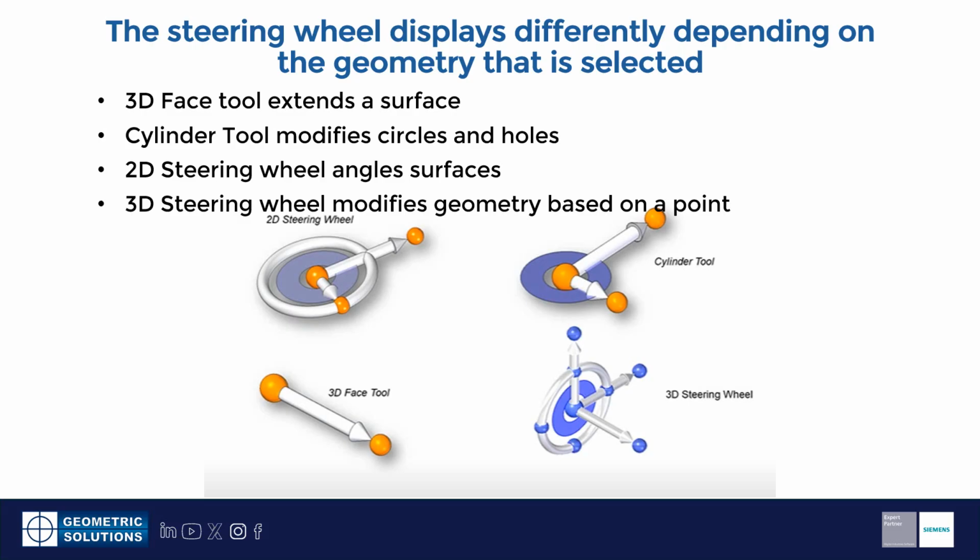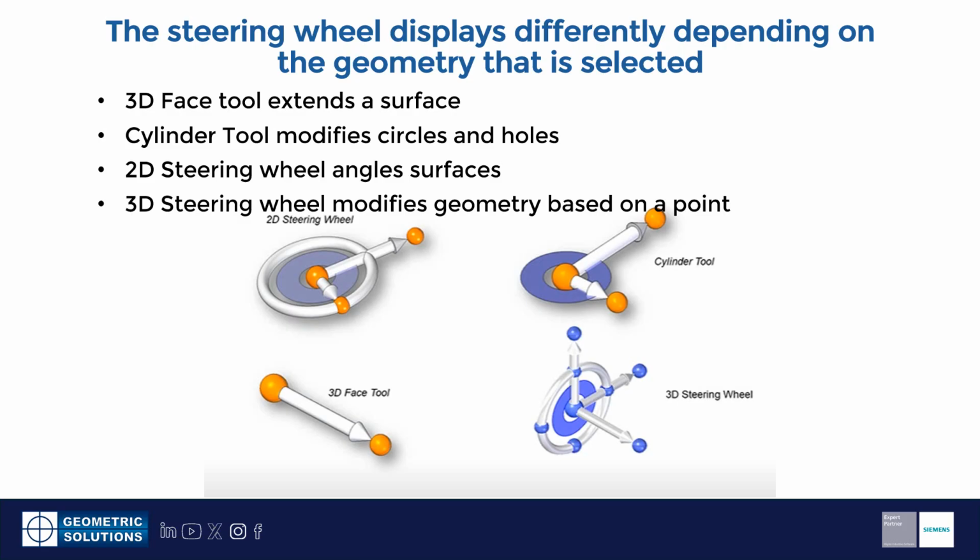The steering wheel displays differently depending on the geometry that is being selected. When working on your part or assembly, you will notice that the tool appears in different forms. The 3D face tool is going to appear whenever you select a solid face or surface.